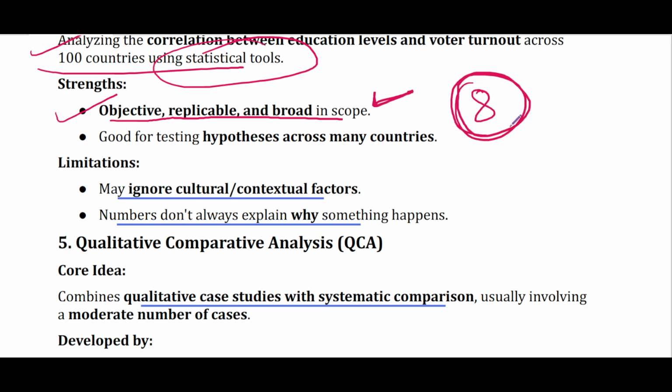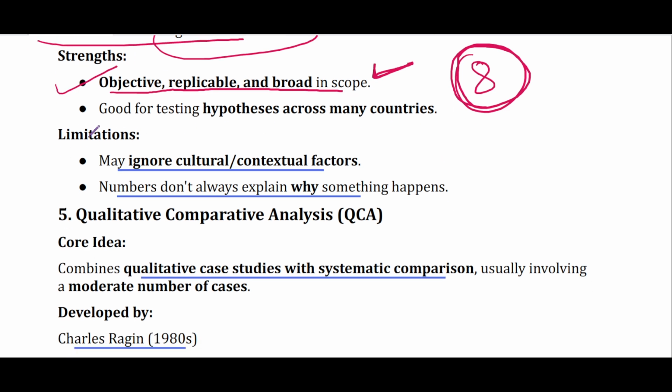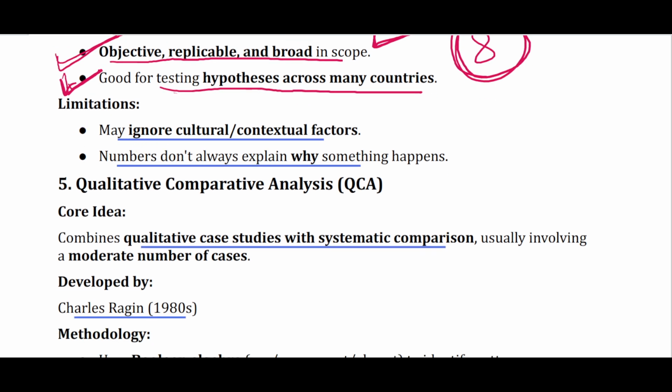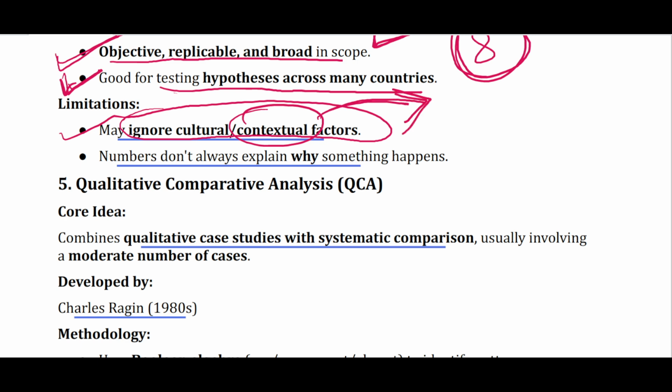It can study all 8 billion people at one go, and it can be applied, implemented for generating and testing broader hypotheses across countries. The limitation is that it is mathematical. It usually ignores cultural and many other contextual factors. यहाँ पे जो contextual है, it means many other factors like historical, cultural, personal, psychological, sociological.